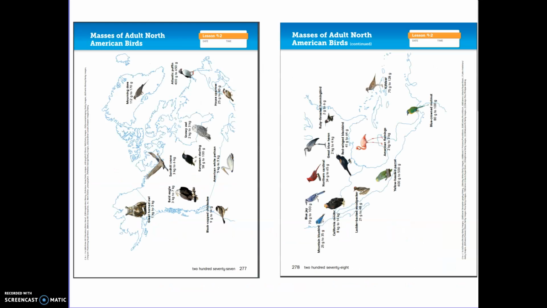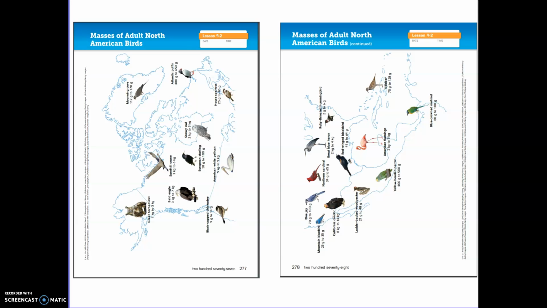Okay, very good. So, looking at these birds, I want you to identify the bird that could have the greatest mass and the bird that could have the least mass. So that means the heaviest one and the lightest one.